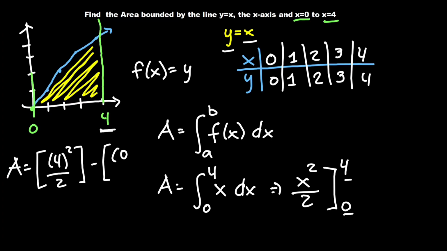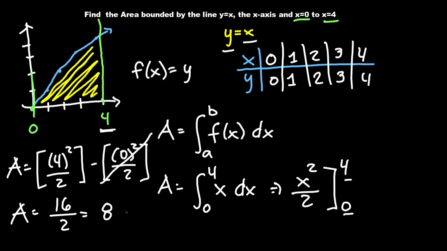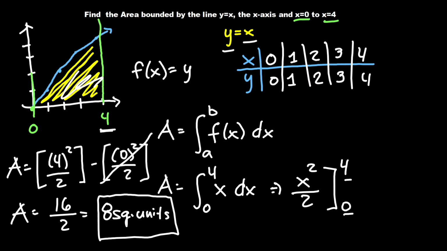So this would be 0 squared over 2. This would equal to 0. So what we're left with here is 4 squared would be 16 over 2. 16 divided by 2 would be 8 square units. So this is the total area of this shaded region.